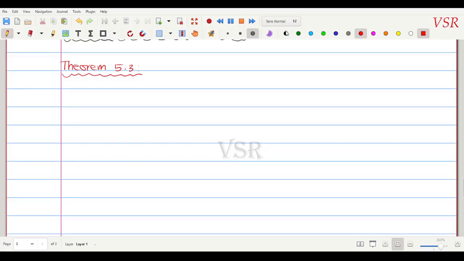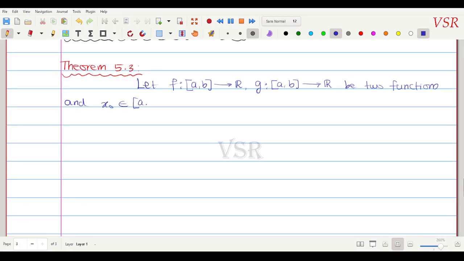So statement எழுதிட்டுமா, statement வந்து: let f be a function from closed interval a comma b to R and g be a function from அதே closed interval a comma b to R, okay, be two functions and x naught belongs to the closed interval a comma b.